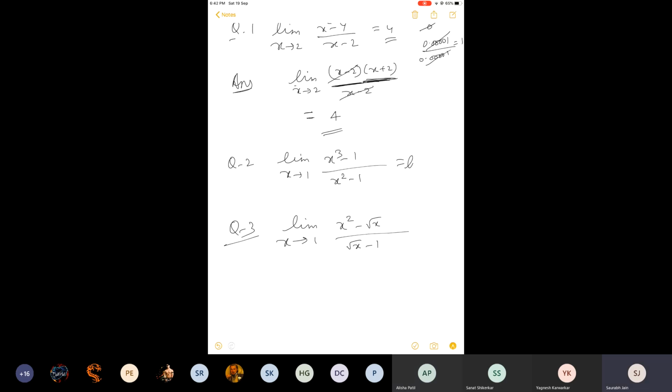Yes, it will be 3 by 2, because make the factors. This is x minus 1, x square plus x plus 1. In the denominator, we have x square, x minus 1 into x plus 1. After making the factors, cancel the common terms. Cancel x minus 1 from numerator as well as denominator. Now you put x equal to 1 here. So this will be 1 plus 1 plus 1 upon 1 plus 1. 3 by 2, that is correct. Next question, third one.